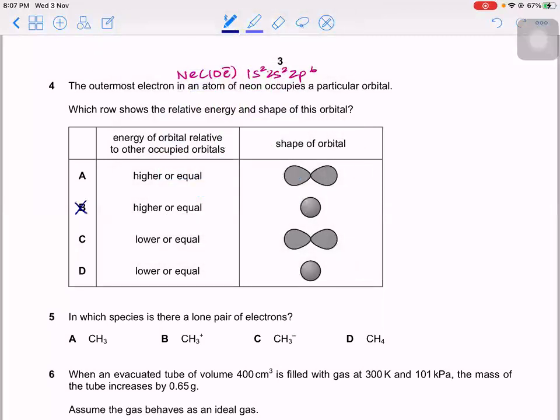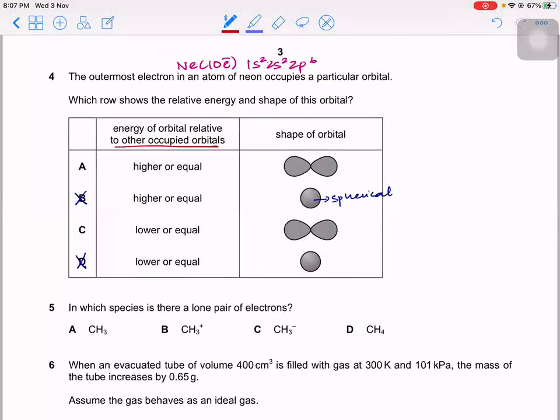Can't be B, can't be D, because these are spherical s orbitals. Now, energy of the orbital relative to the other occupied orbitals. The other occupied orbitals are 1s, 2s. As we go away from the nucleus, the energy of the orbitals increases. Therefore, 2p will have higher energy. So the answer would be A.